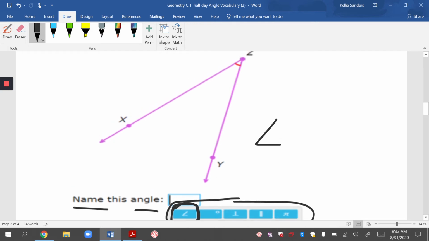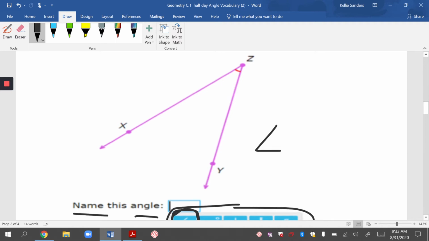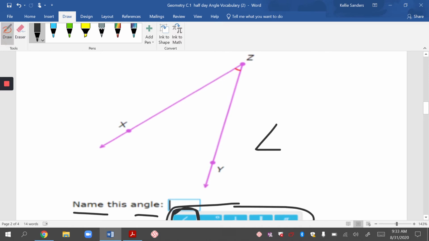So whenever you have this, there are 3 different correct answers. All 3 have the vertex in the name.